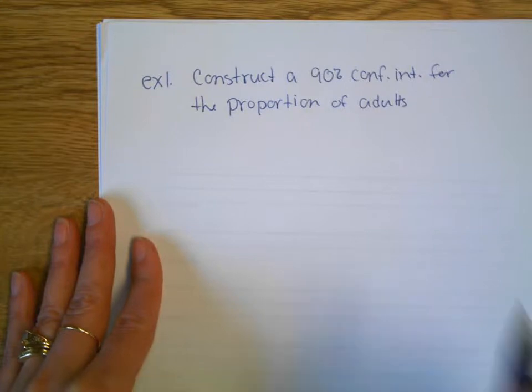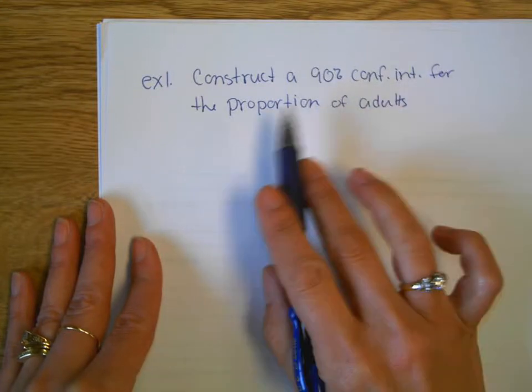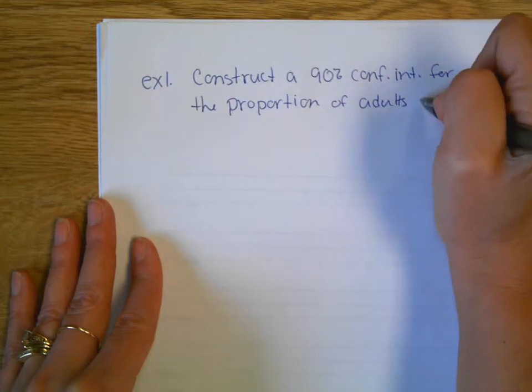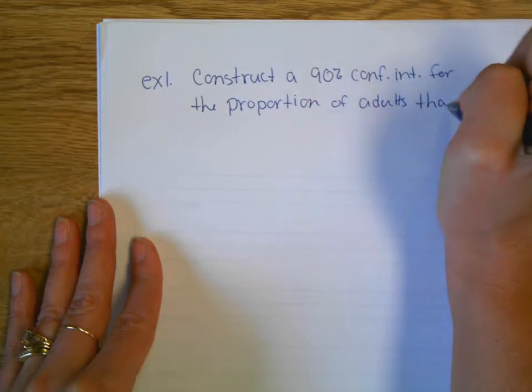So I'm not going to write all that out. So construct a 90% confidence interval for the proportion of adults that like Abe Lincoln.